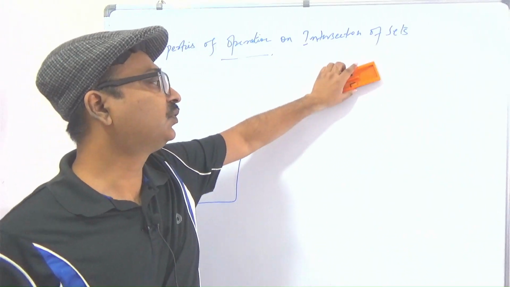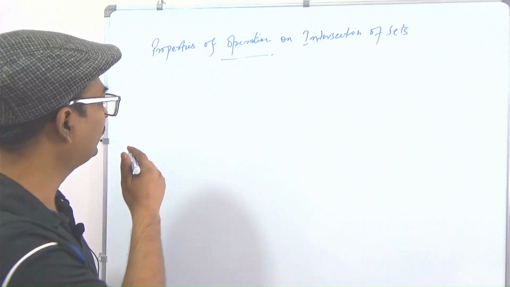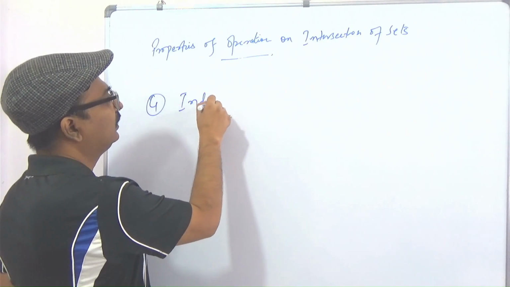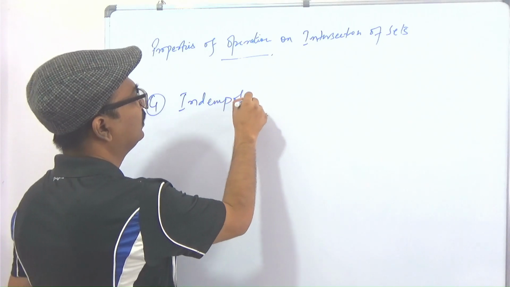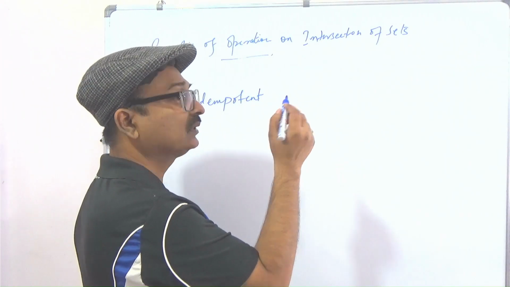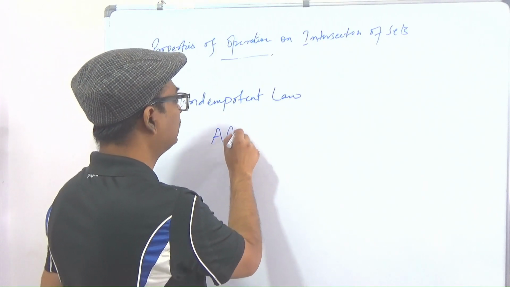We'll now see the fourth property, the idempotent law. In union of sets, we had seen A union A was A. What is A intersection A?